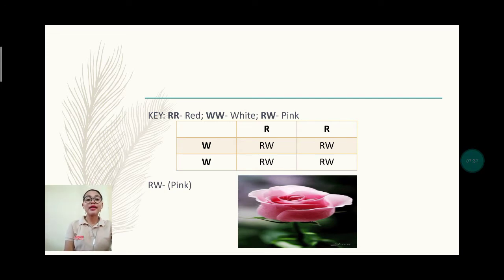Okay, using the Punnett square. So, class, Punnett square is a method used in order to identify characteristics or possible offspring of a certain organism. Punnett square is like multiplication. It's like using, what do you call that?